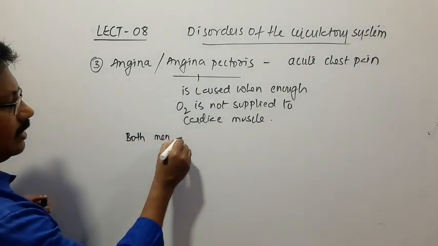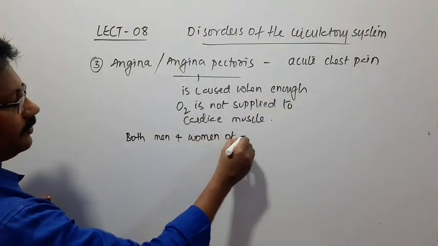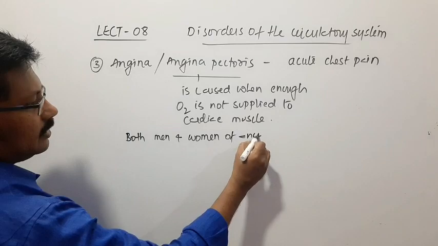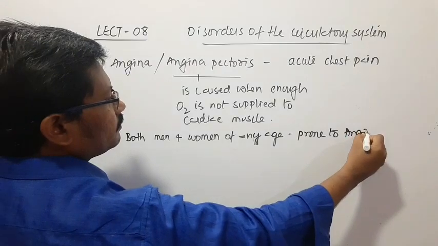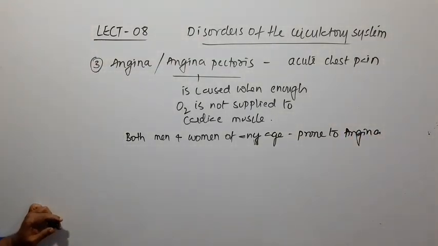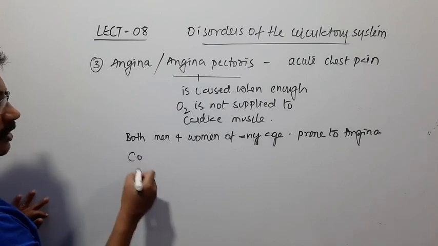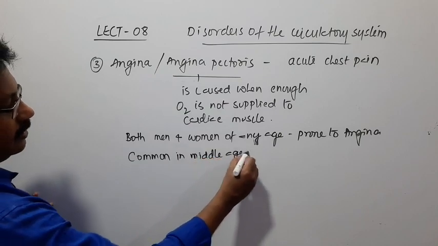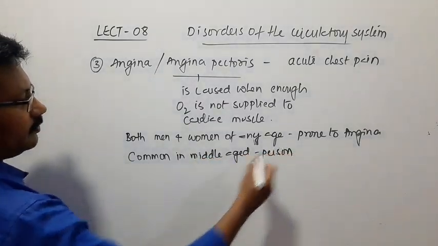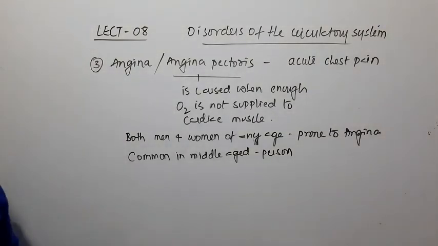Both men and women of any age are prone to angina. It is very common in middle-aged persons, around 40, 50. In them, it's very common.